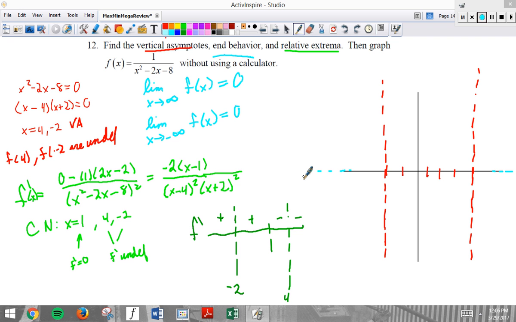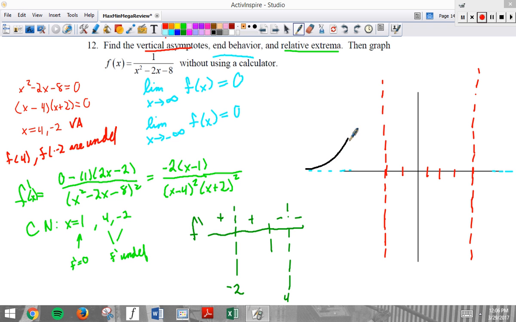Because then, if I'm at the asymptote, the only way... how do I want to put this? The most logical thing to do would be at the positive side of the asymptote.